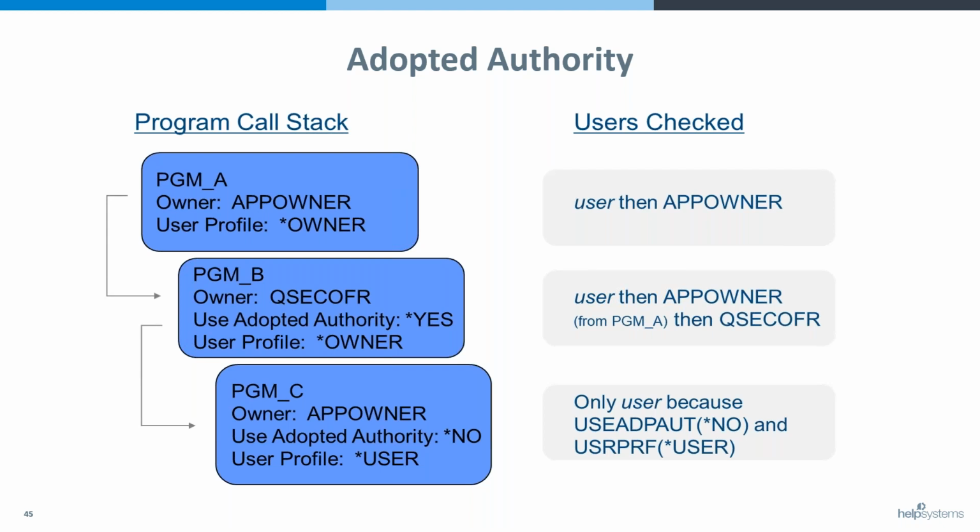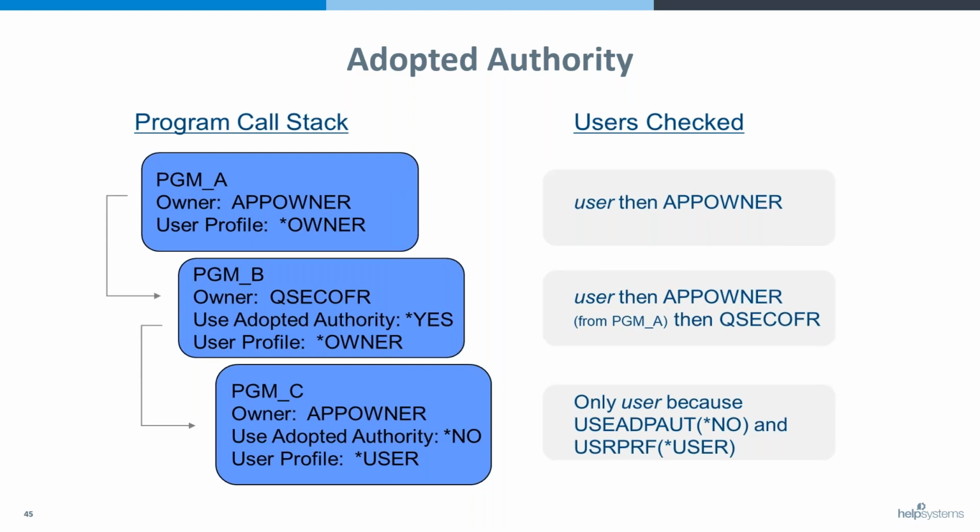In fact, when we get to program C, we'll see that we're back to only applying the permissions of the calling user, because the use adopted authority attribute is set to no, which means it's forgetting about what was placed there by programs A and B, and it's not bringing in the owner of program C because our user profile is set to user. It's all a bit of a mouthful, but at the end of the day, it works very logically and it is extremely beneficial.